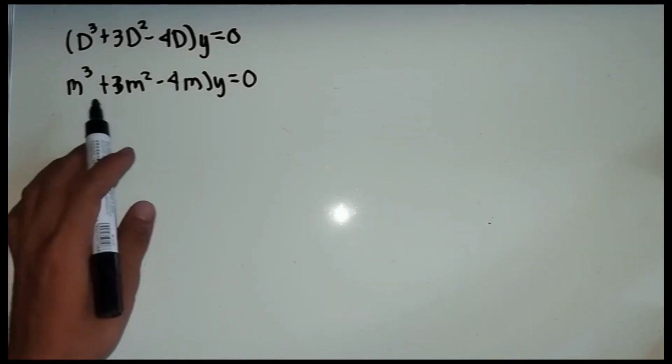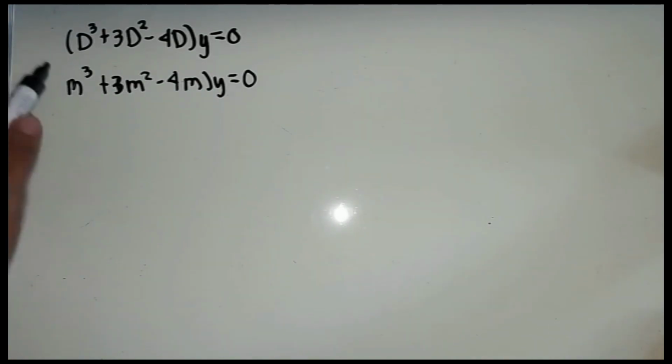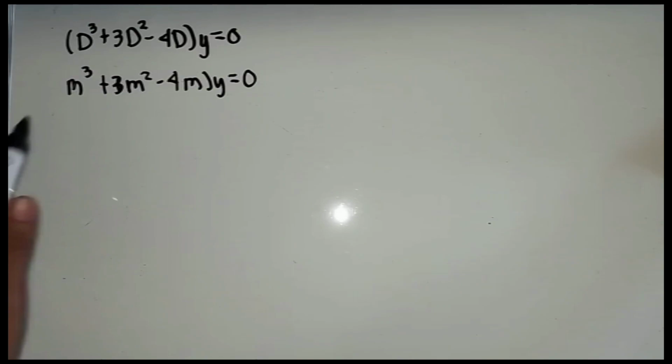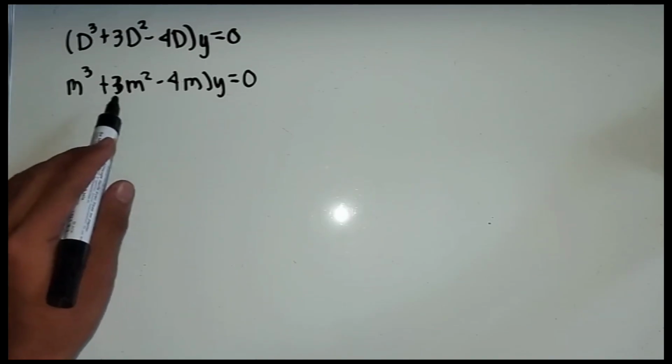As you can observe, our first term has the exponent of 3. So in order to transform it into a quadratic equation, we're going to factor out the m.